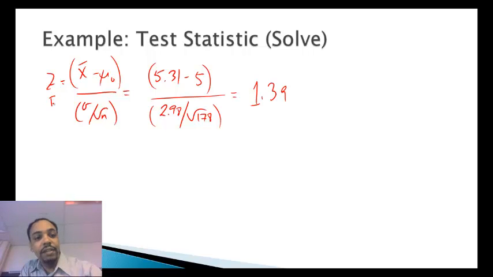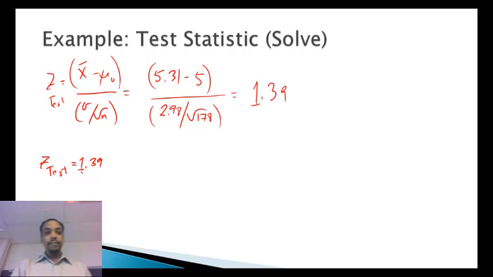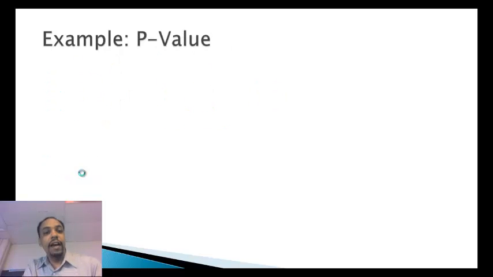I'll call this z sub test, 1.39. Now, the p-value is this character. We'll use purple for p from now on.